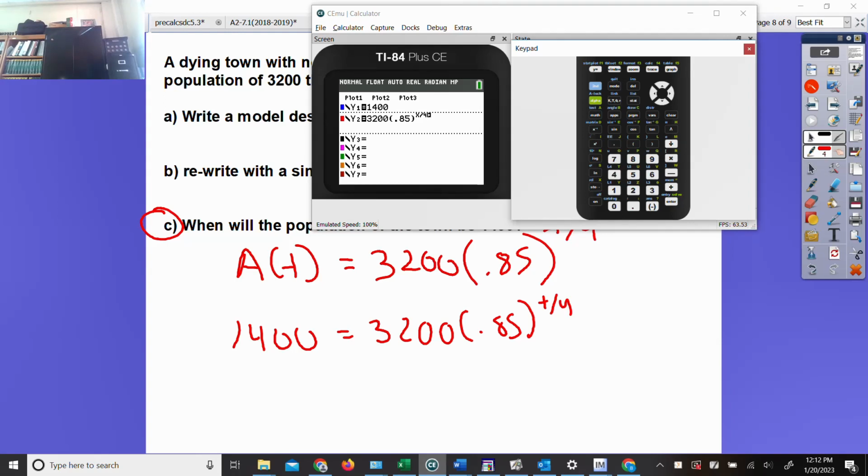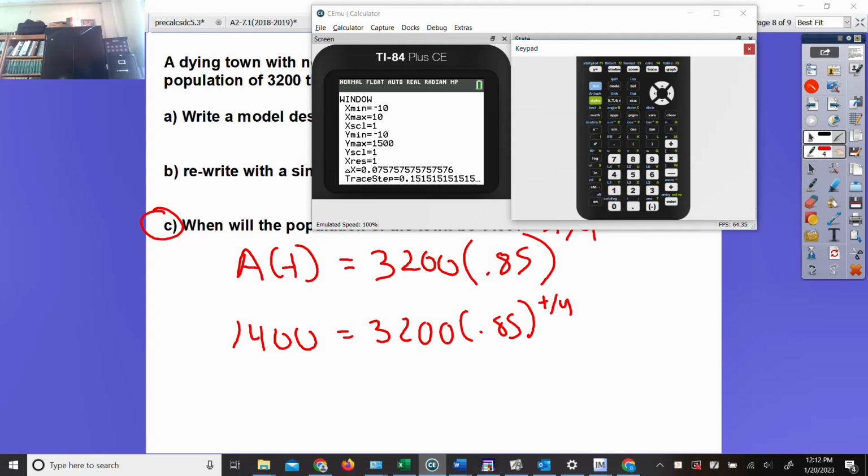Zoom 6 then. And you won't see much on a Zoom 6. Why? 1,400's higher. You need to look up. What's a good Y-max value? 1,500 is a good Y-max value, something bigger than 1,400.